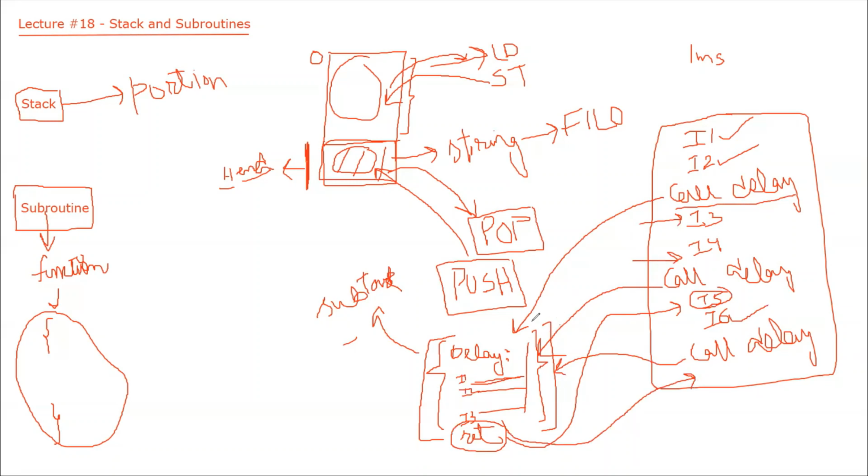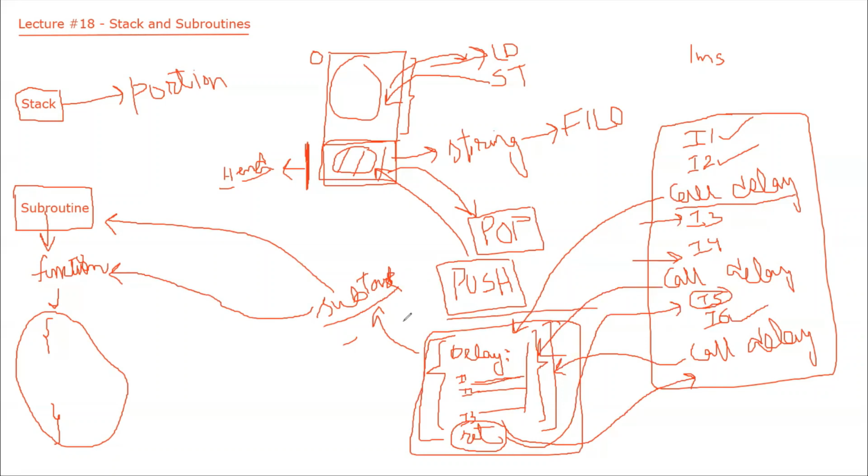So this group of instructions performing a subtask, which is called a function in a higher level language, is called a subroutine in our microprocessor or assembly language. We can say a subroutine is a group of instructions that perform a subtask. As I said, the subroutine is written separately from the main program.